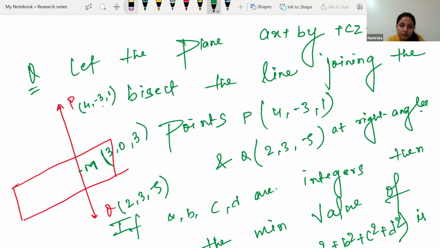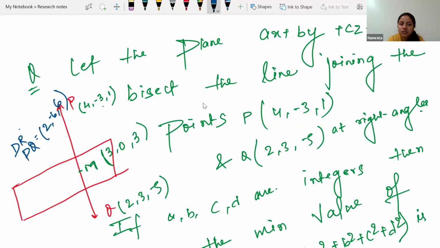So x2 minus x1 is 4 minus 2, that means 2, negative 3, negative 3, negative 6, and 1 minus of minus 5, that is again positive 6.